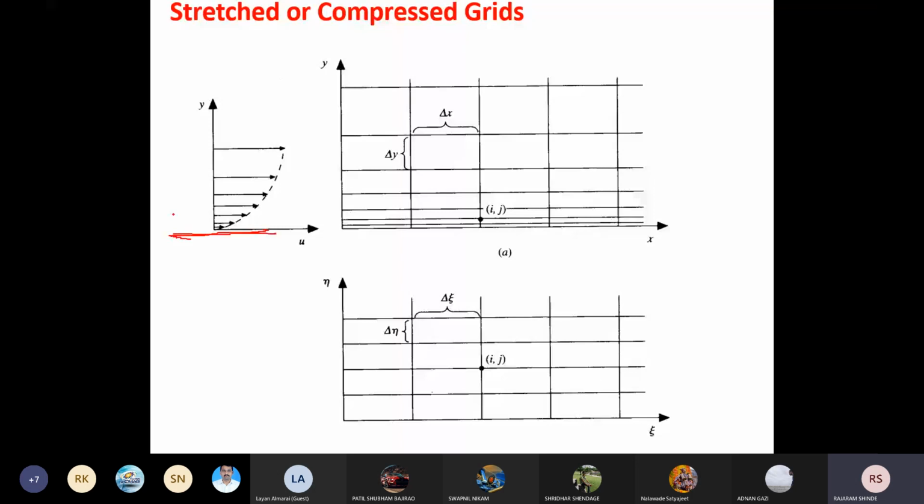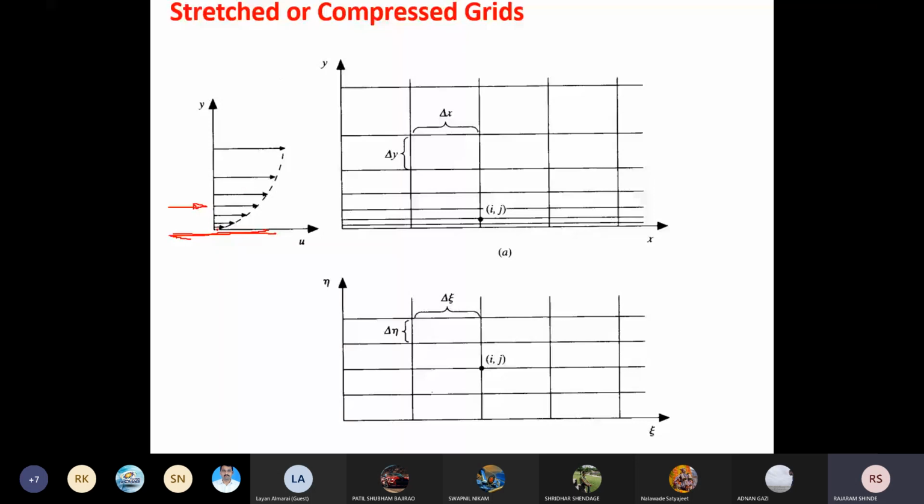Now this is a fully developed fluid flow, and when we want to calculate the velocity distribution over this flat plate, then your velocity is varying from 0 to maximum in the vertical direction.